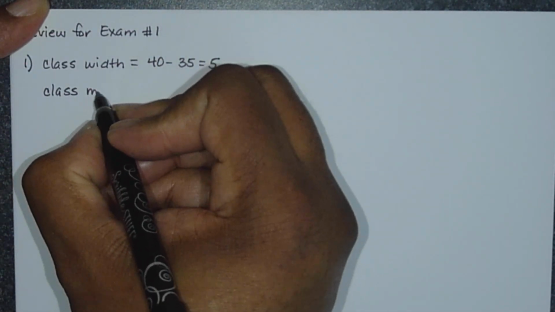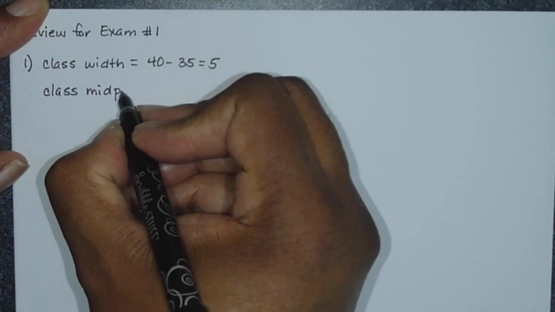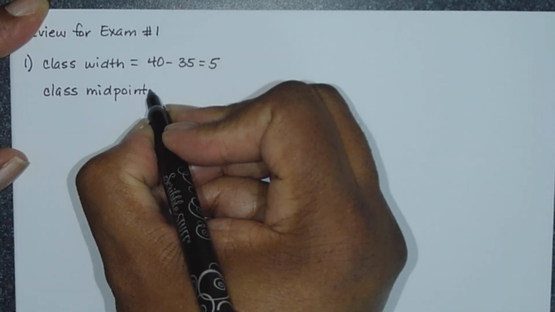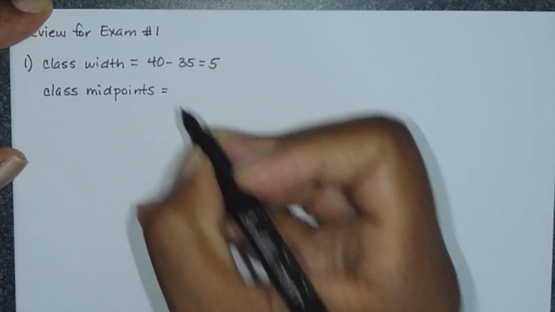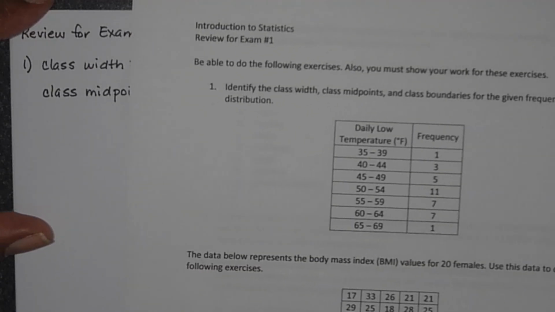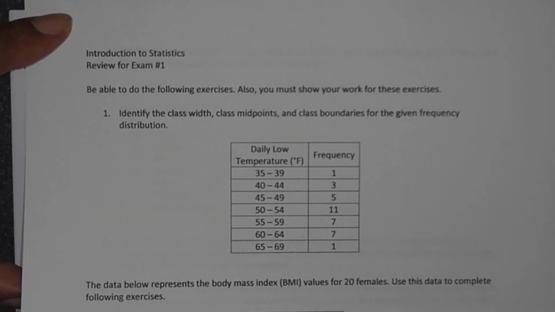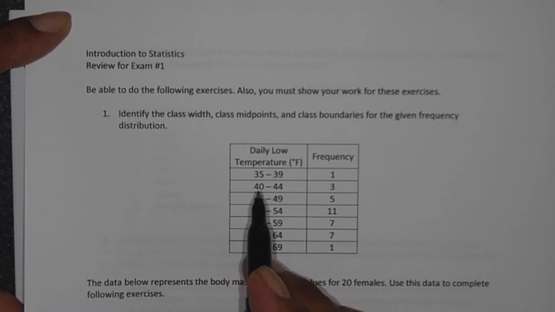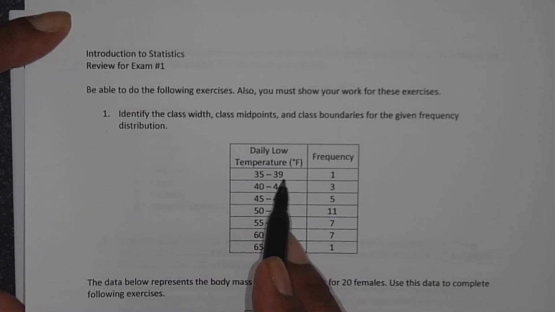And then next would be the class midpoints. Now the way we find the class midpoint would be take the lower limit plus the upper limit.